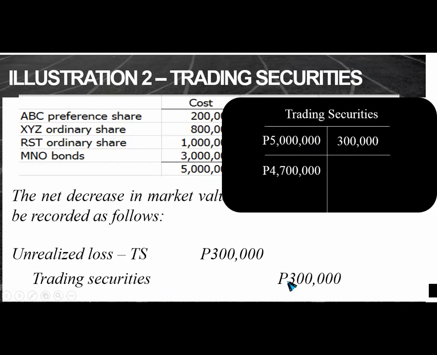Ito, credit ka. So meron ka na lang balance na 4.7, which is equal doon sa market value na nireport mo, which is shown in the problem. 4.7 na lang yung market value, which should be also the amount to be reported as of December 31, 2019.